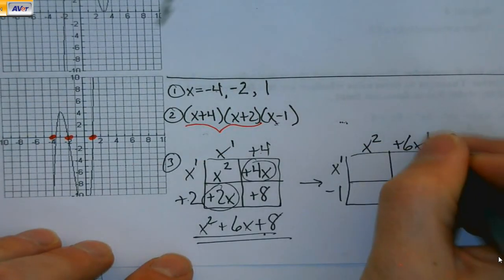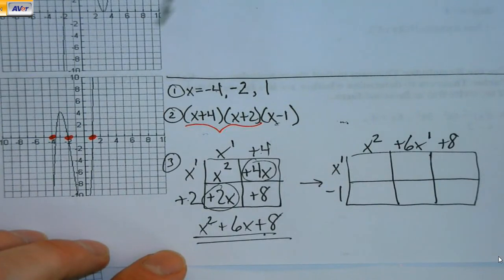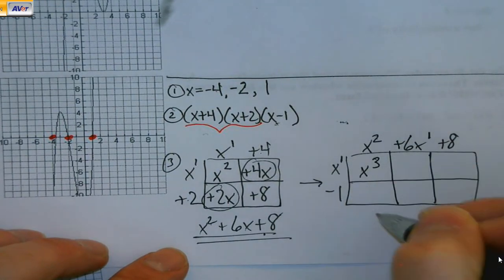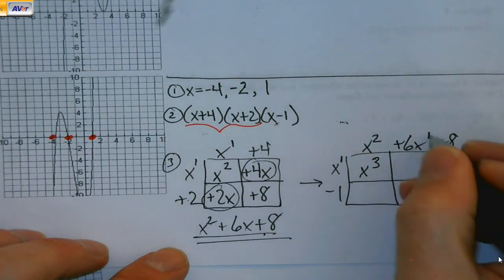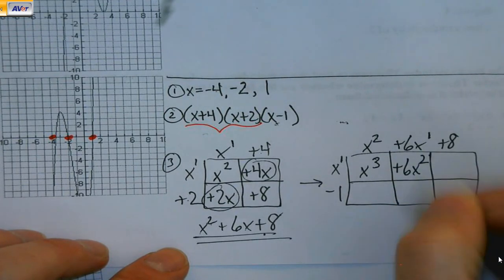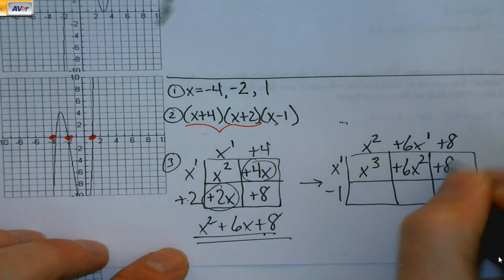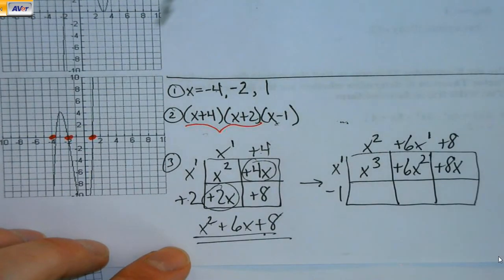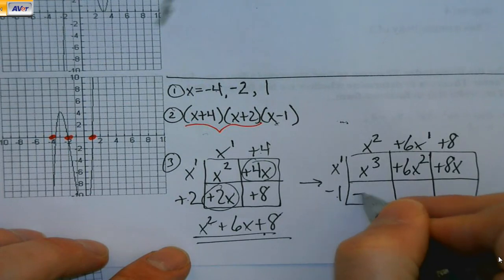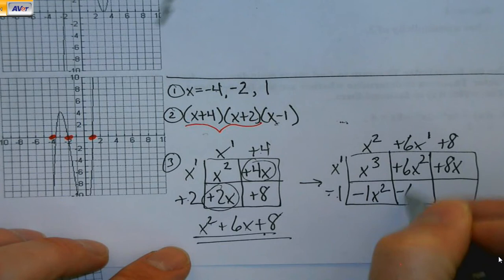Again, I like to put my 1 exponent on my x's so I don't multiply them and think it doesn't change at all. 1 plus 2 gives me x to the 3rd. 1 plus 1 is x squared. 8x. And now the -1 is just going to change the signs on all of the terms up here.